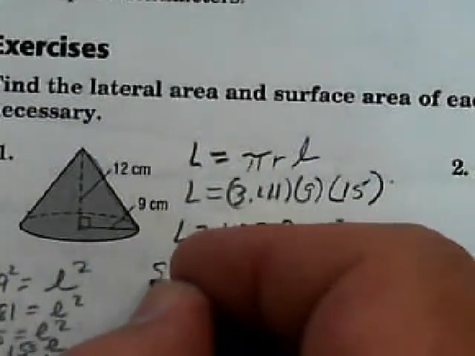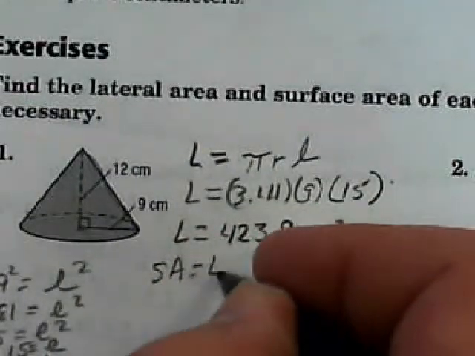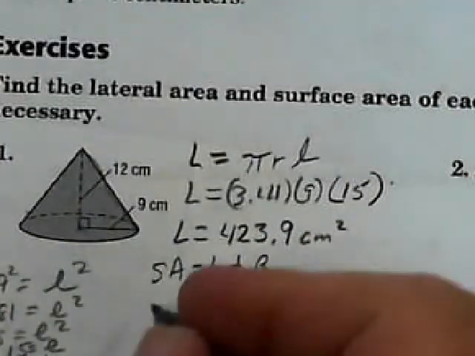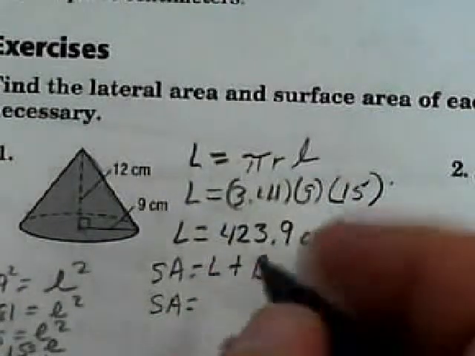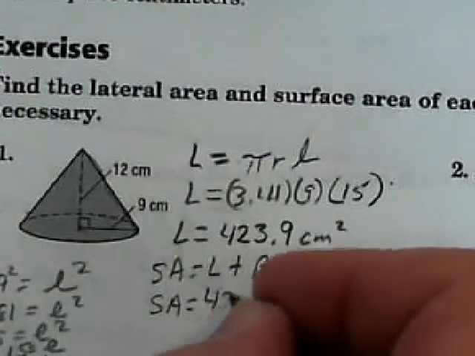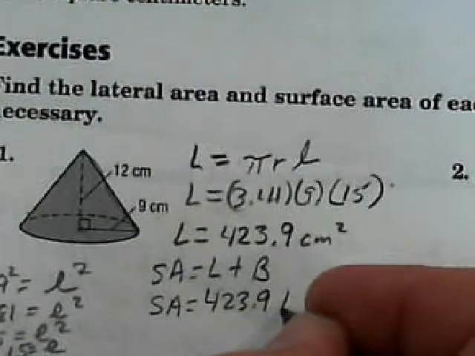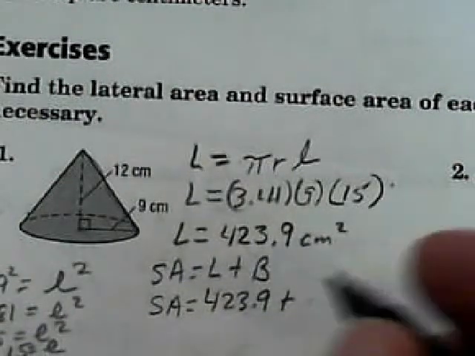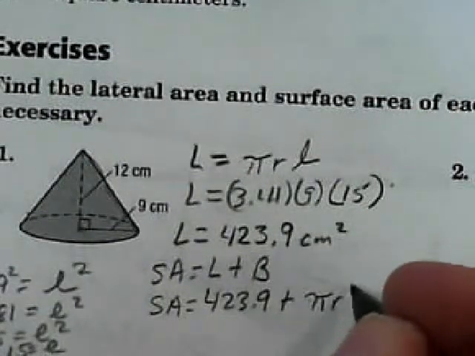Now to find the surface area, I have to take the lateral surface area plus the area of the base. So I'm going to take the lateral surface area, 423.9, and add it to, how do I find the area of the base of a circle? Pi r squared.